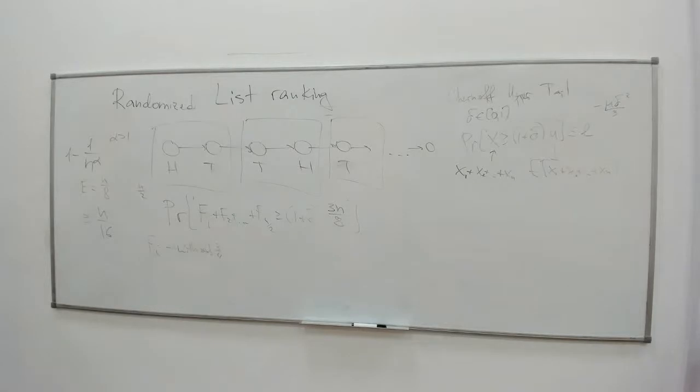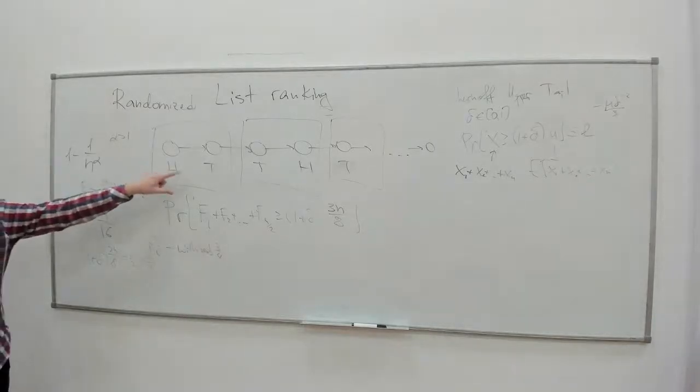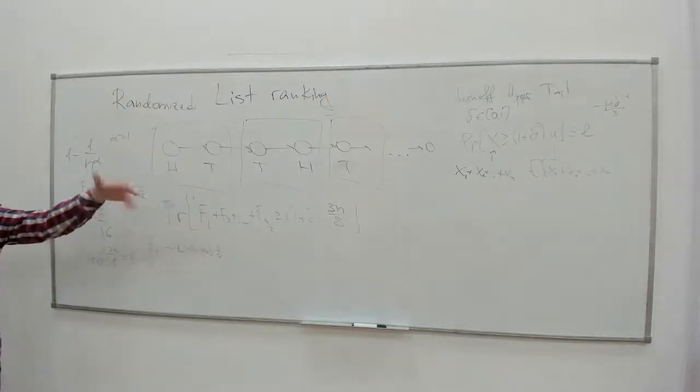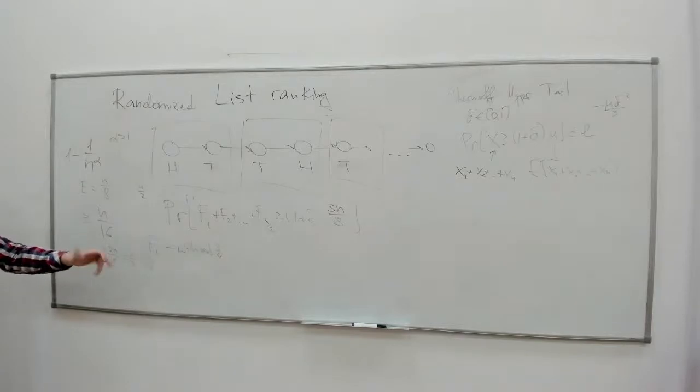And since I want to have n divided by 16 elements to be good, then I need that 1 plus delta times 3n/8 is equal to n/2 minus n/16, because we have n/2 blocks, and I want that n/16 will succeed, at least.